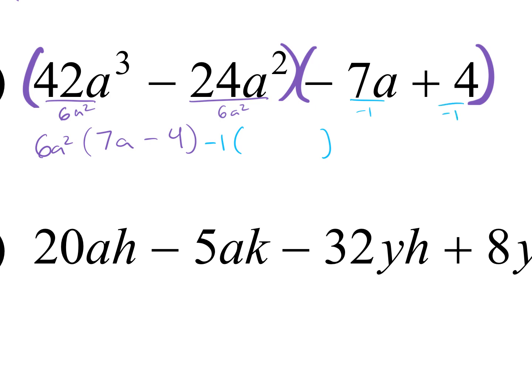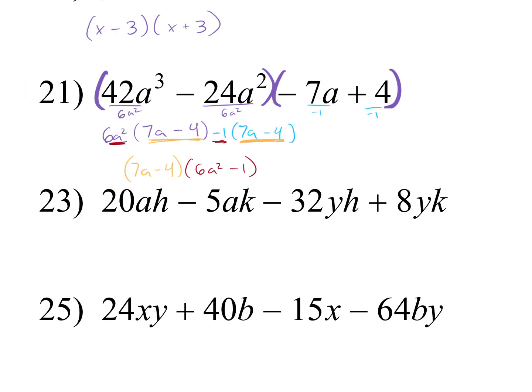We see that if we need a 7a minus 4, here we have a -7a plus 4. We need the signs to change for both of them. So we're going to take out a -1 and flip the signs. So 7a minus 4. Now that our insides are exactly the same, those go together as one parentheses, so 7a minus 4. And then the 2 outsides go together, 6a squared minus 1.